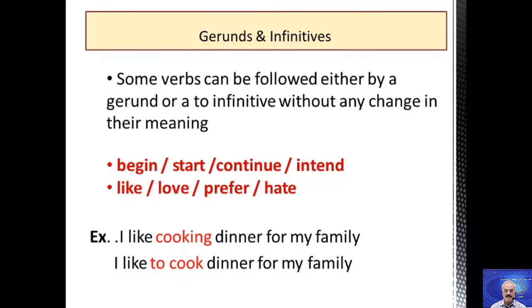We have the choice here to use either a gerund or an infinitive. An example is I like cooking dinner for my family. At the same time, there is no change in meaning when I say I like to cook dinner for my family.